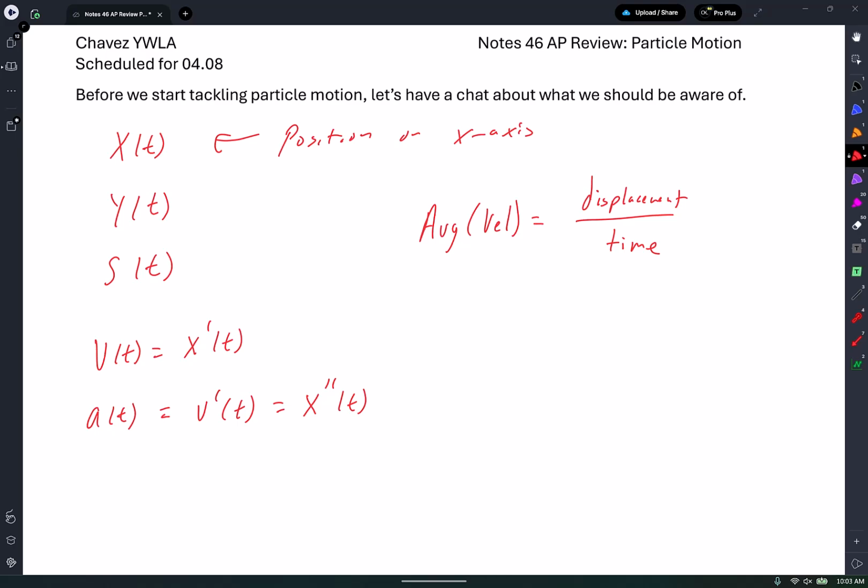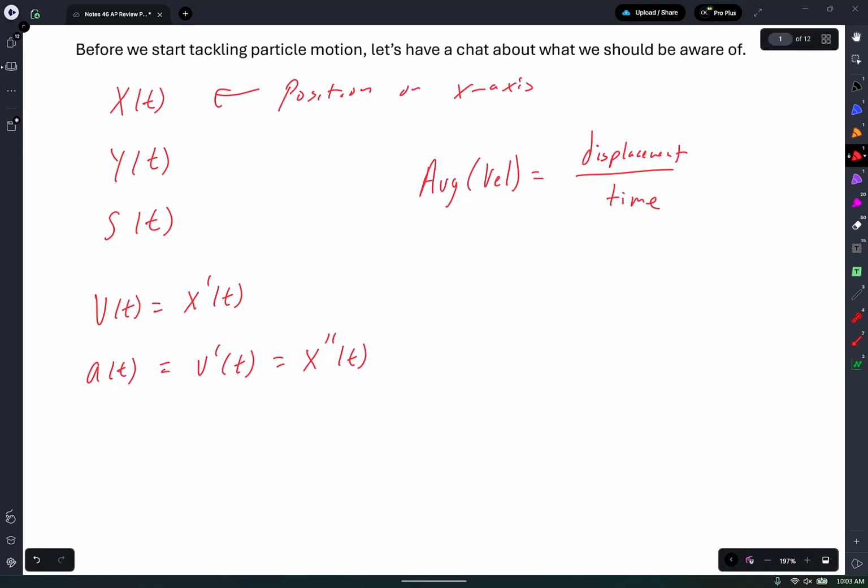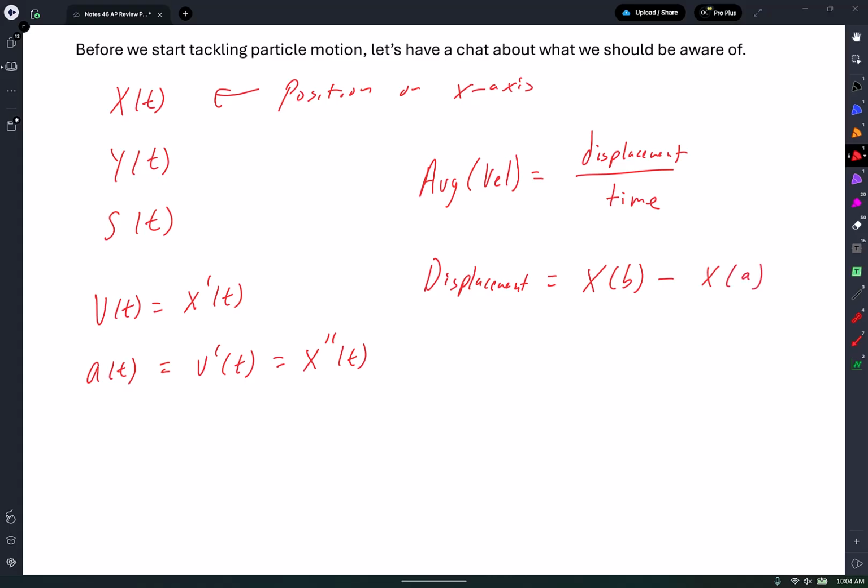In calculus, how do we say displacement? Change in x. You can say that's like physics, right? So she's saying change in x over change in time. So I'm going to write x of b minus x of a for displacement, where a is some initial time and b is some time after a.